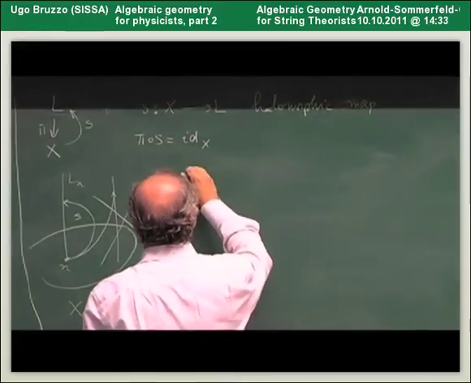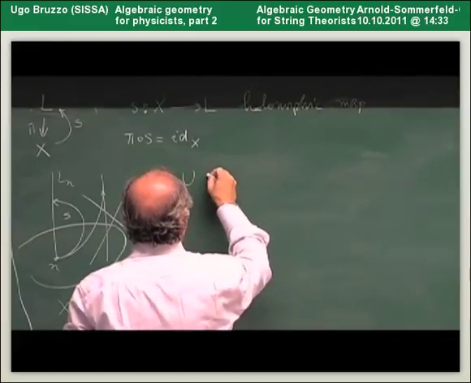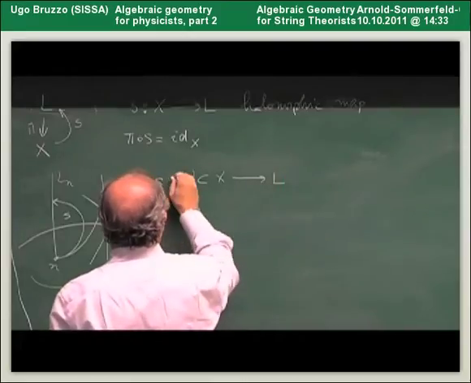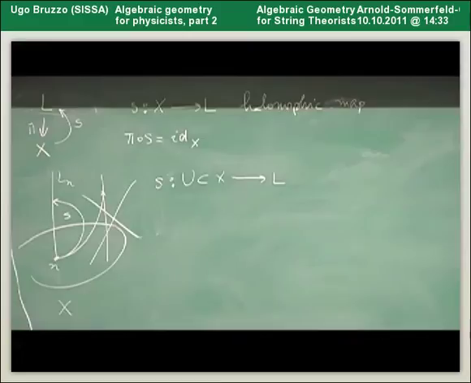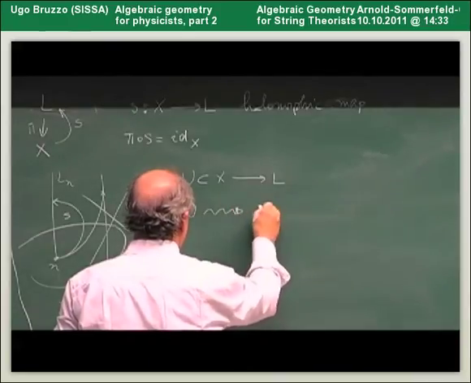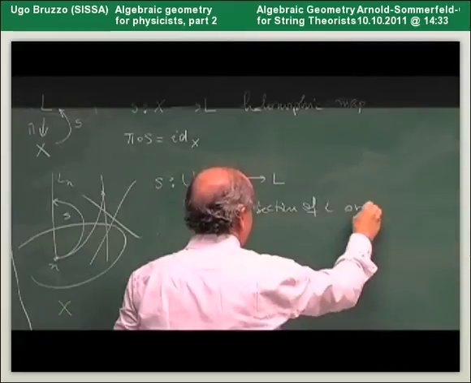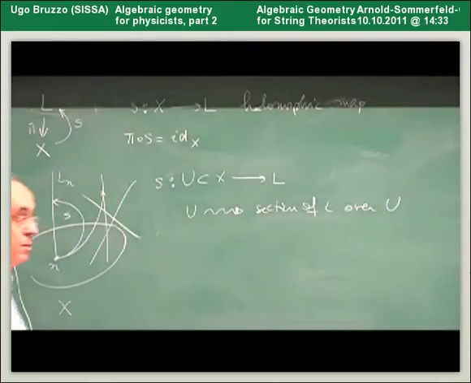On the other hand, note the following. Of course, I can do the same if I take an open subset and I consider sections only on the open subset. So to U, I can associate all sections of L over U. And I claim that this is a sheaf.